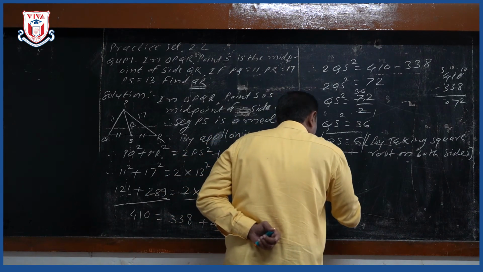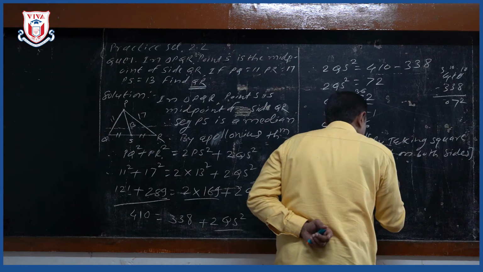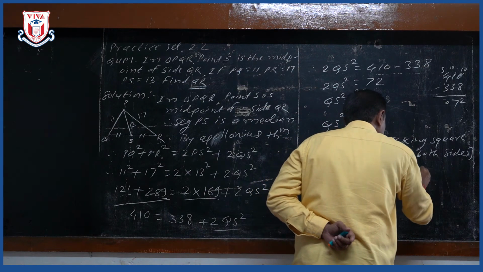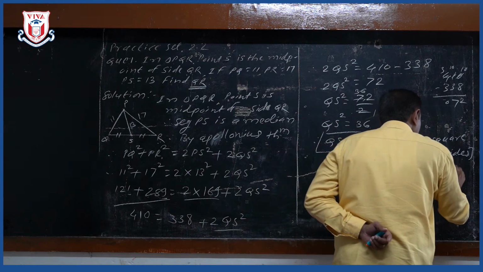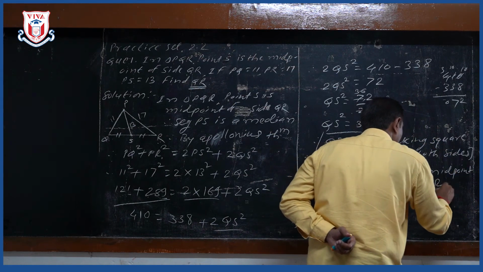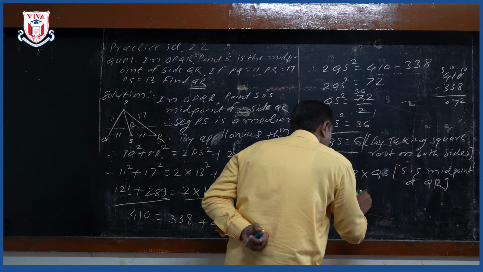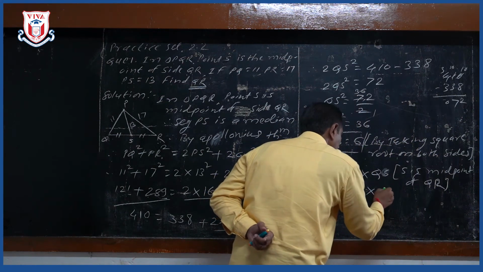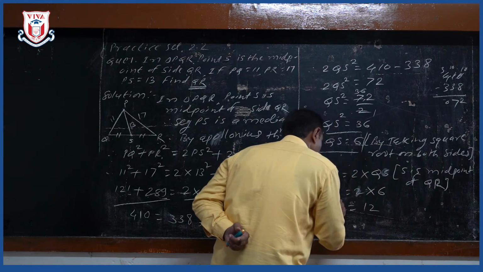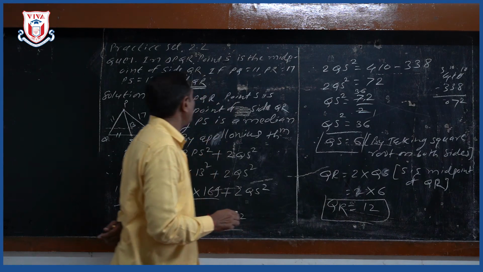Therefore QR is equal to 2 into QS, because S is the midpoint of QR. 2 into 6 is equal to 12. Therefore the value of QR is equal to 12.